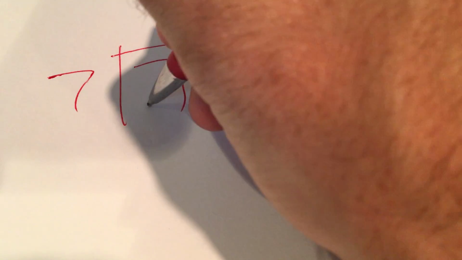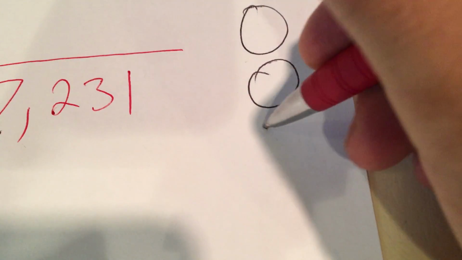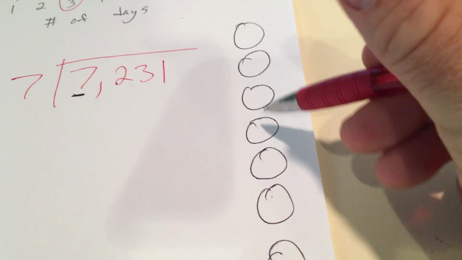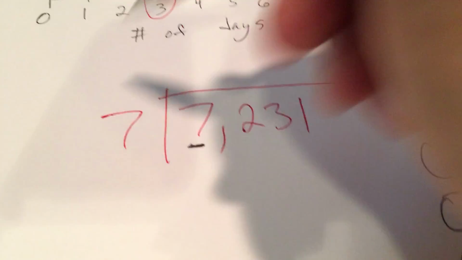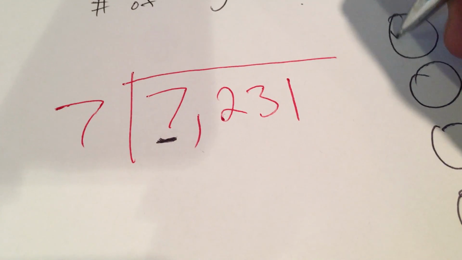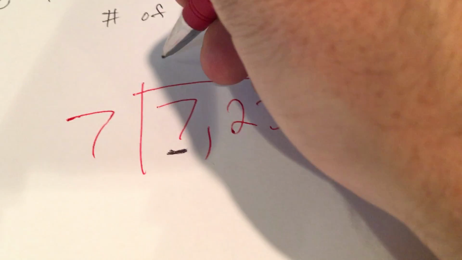Okay, so if we had 7 equal groups, 1, 2, 3, 4, 5, 6, 7. And if we have 7,000s, then we can put 1,000 into each group, right? So we're going to put 1,000 here.